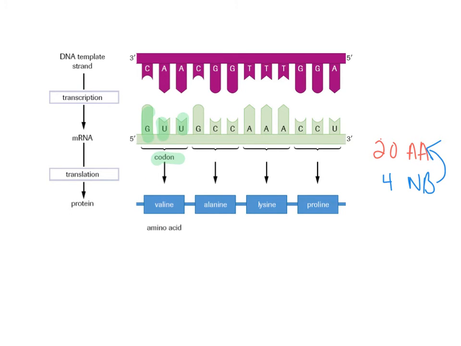The next sequence, GCC, is a code that tells the tRNA to bring in the amino acid alanine, and so on and so forth. Scientists have developed, through experimentation, a nice handy chart that allows us to identify what codon is associated with which amino acid. I'm going to take a look at that right now, and then we'll come back and write some stuff down.